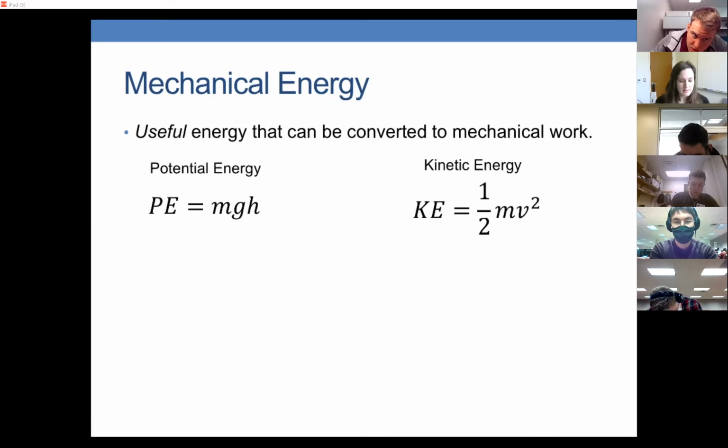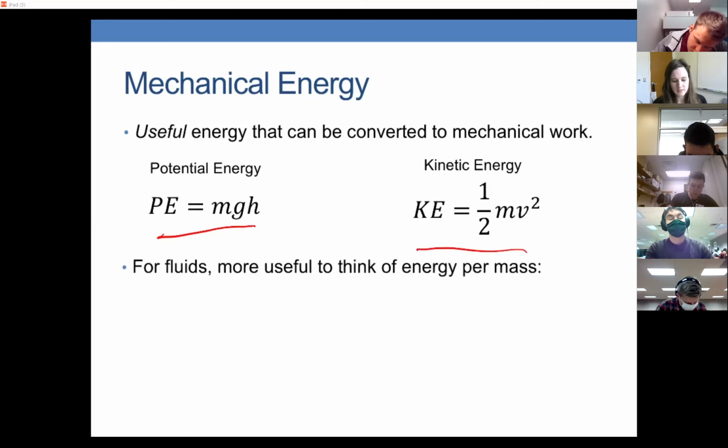And the forms of mechanical energy that, again, you have talked about a lot in all of your physics classes in your life, are the potential energy that comes from sort of height and gravity pulling down, and kinetic energy, the energy associated with motion. And you should be familiar with these equations.